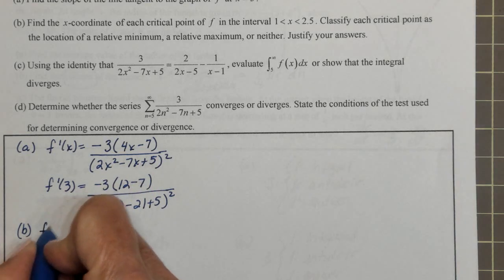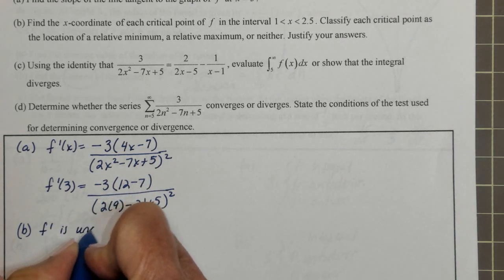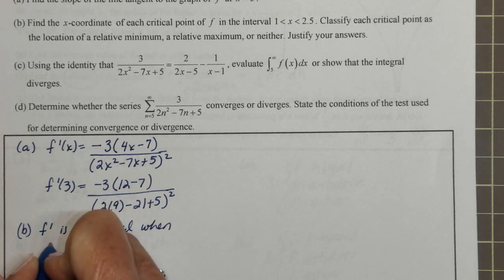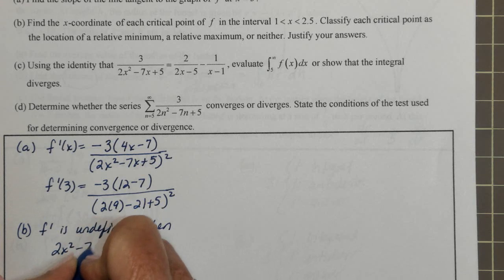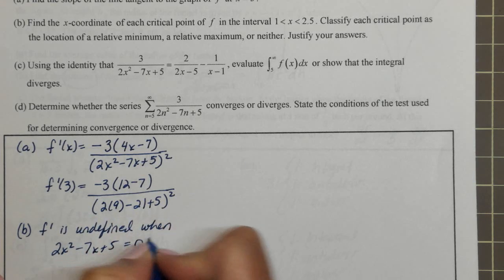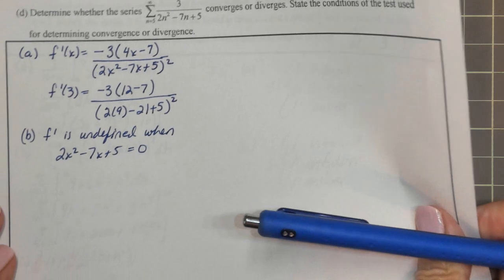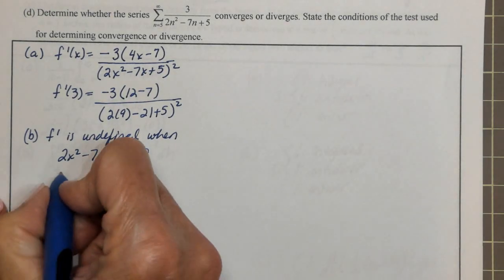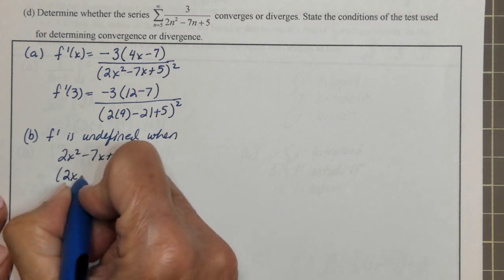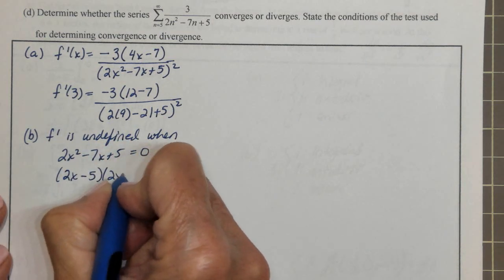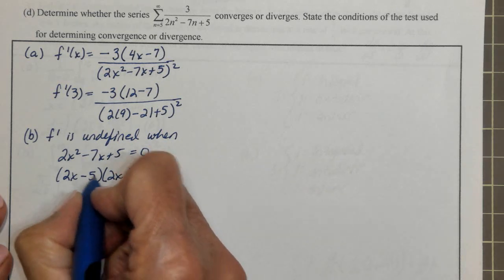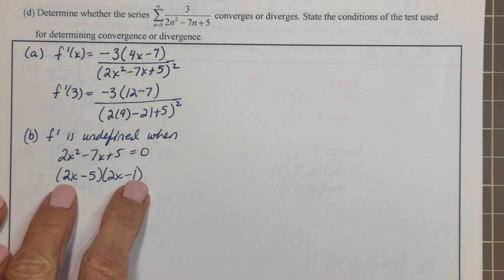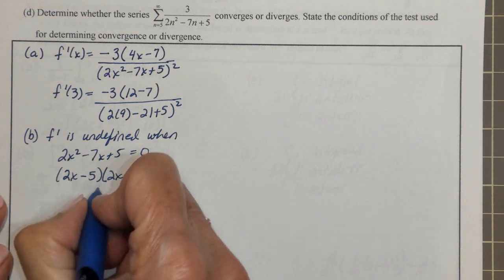So f prime is undefined when 2x squared minus 7x plus 5 is 0. Is that factorable? Let's see, 2 and 7. I think it is. 2x minus 5, 2x minus 1, no, hang on, that's not right.